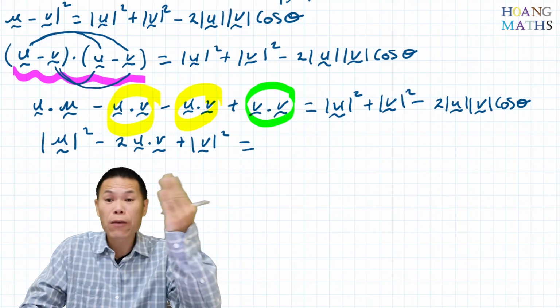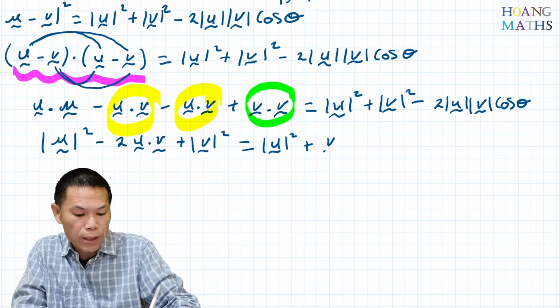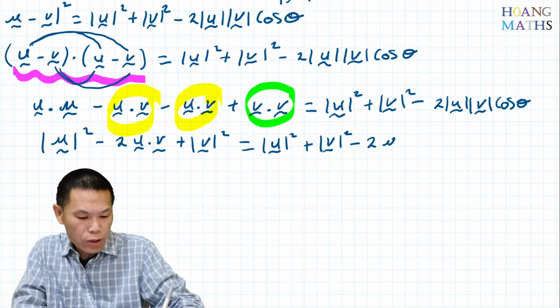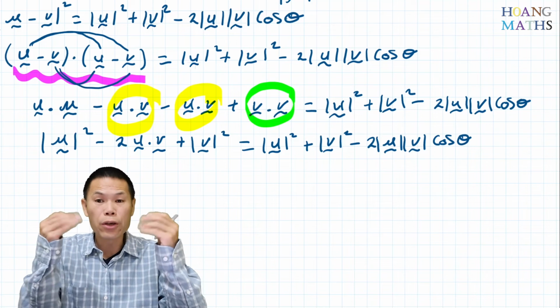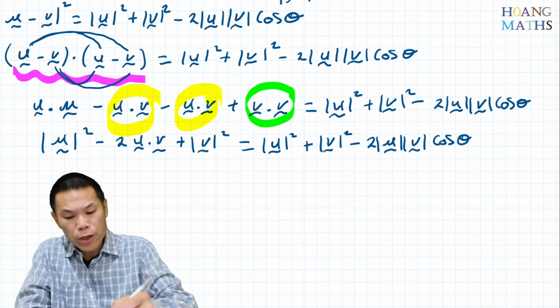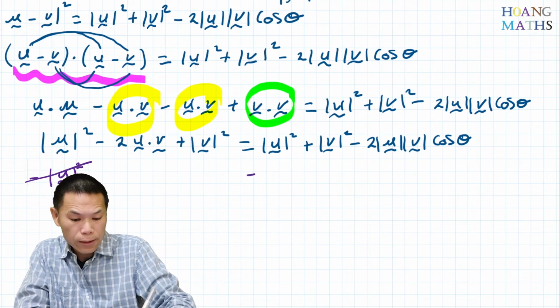So now I just write out the right hand side. So this is the magnitude of U squared plus the magnitude of V squared, and we minus 2 times U and V and then cos of the angle in between. So there you go. So now if we minus the magnitude of U squared from both sides, you can see, we can cancel this out.